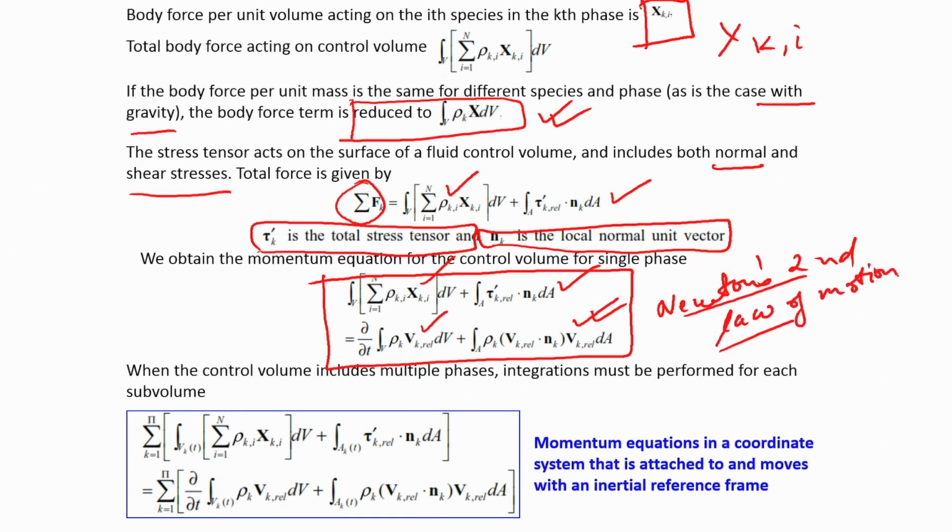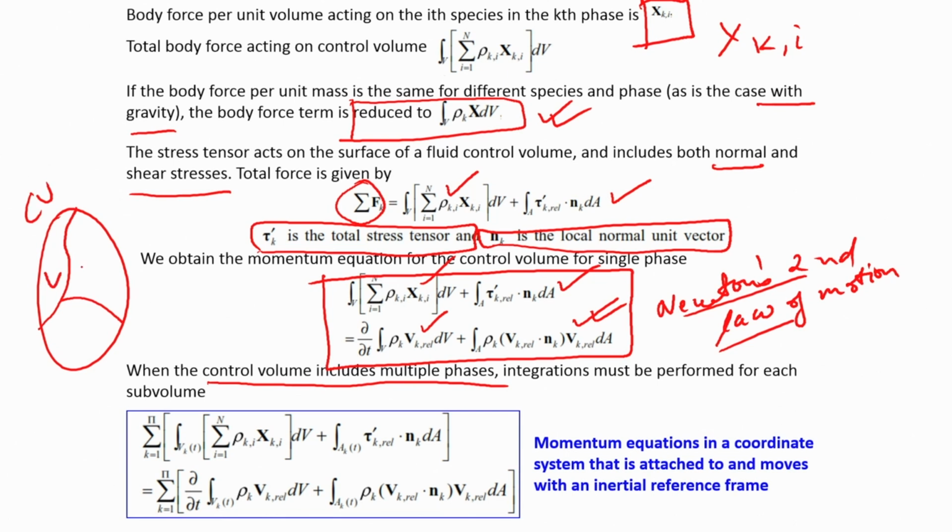Got it. Now, if the control volume includes multiple phases, if you recall that diagram where we had, say, 3 phases, this is like your control volume. Say this is liquid, this is vapor, this is solid, and these are the areas. This can actually be 3D, and this is the volume.